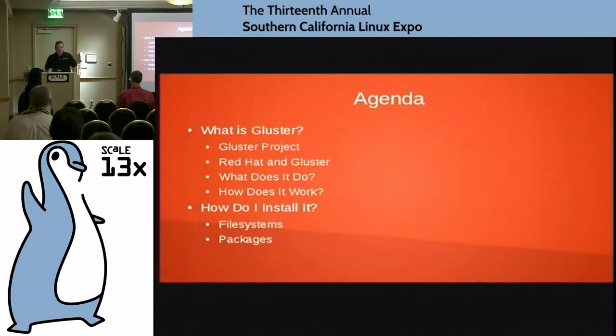So what we're going to be talking about today is Gluster. I'll talk a little bit about the upstream Gluster project, and about Red Hat and the Gluster project. We'll talk about what Gluster does, how it works, and a little bit about the architecture behind it. Then I'll talk about how you install it: how you prepare your file systems and install the packages.